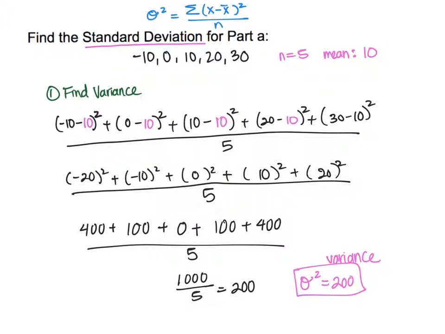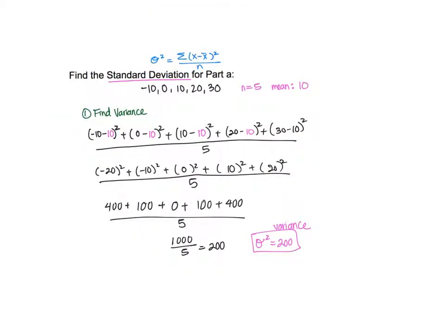All right, but that's just part one of finding standard deviation. So I found the variance, now I can go ahead and find my standard deviation. If I want to do part two, which is to find the standard deviation, I need to take my variance to do it.